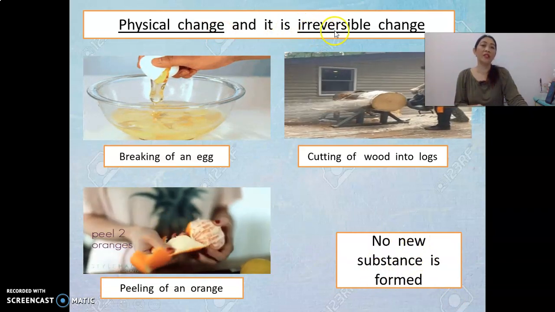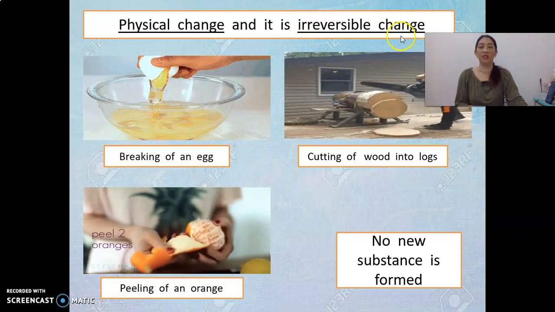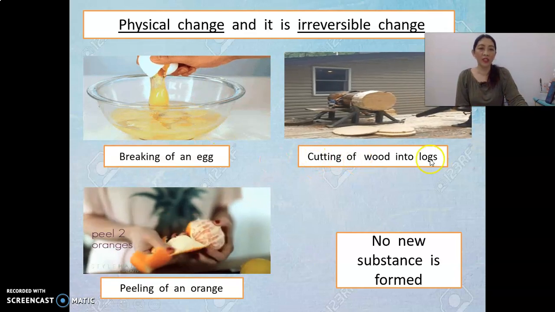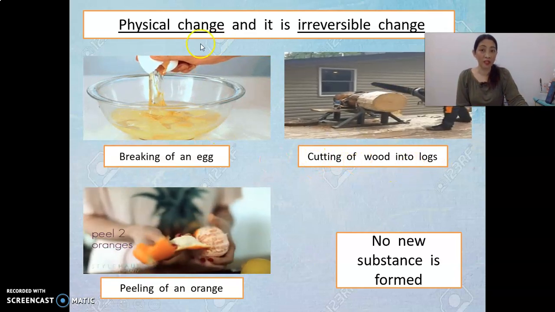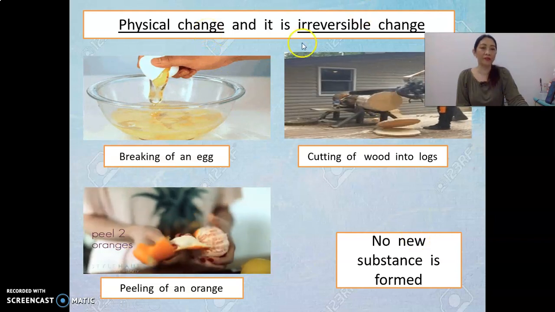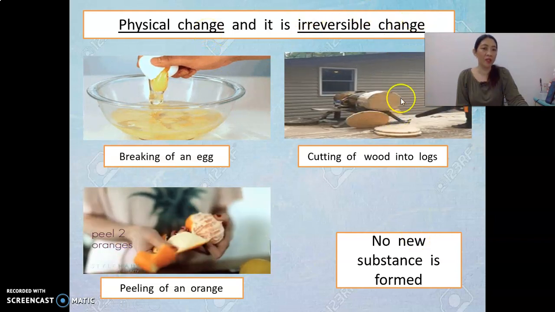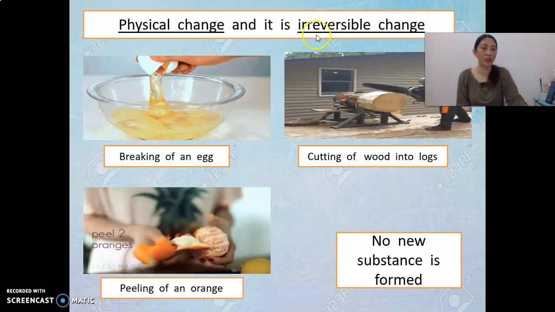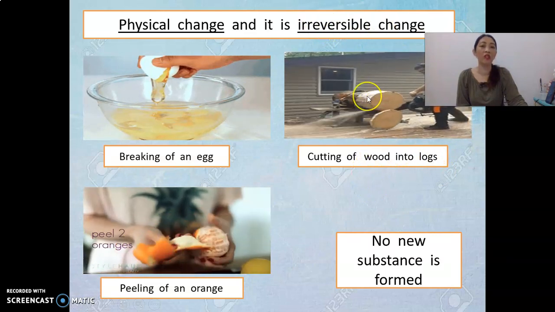It is a reversible change. Number 4, cutting of wood into logs is physical change, and it is a reversible change.